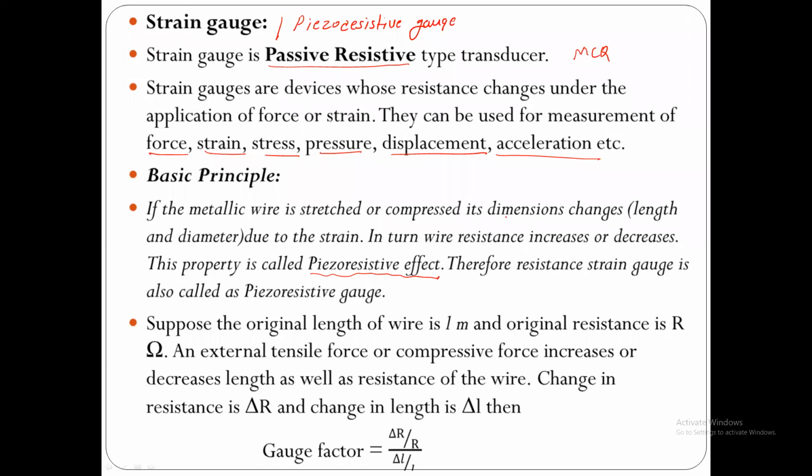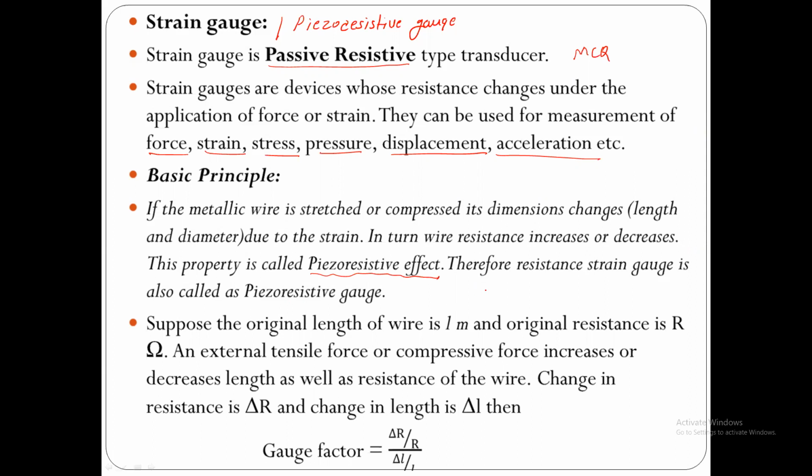It is observed that the dimension of that metallic wire is changed, and due to applied strain or pressure, in turn the resistance of that wire increases or decreases respectively. This property of changing the resistance due to applied strain is called the piezoresistive effect. Therefore, another name for the strain gauge is piezoresistive gauge.